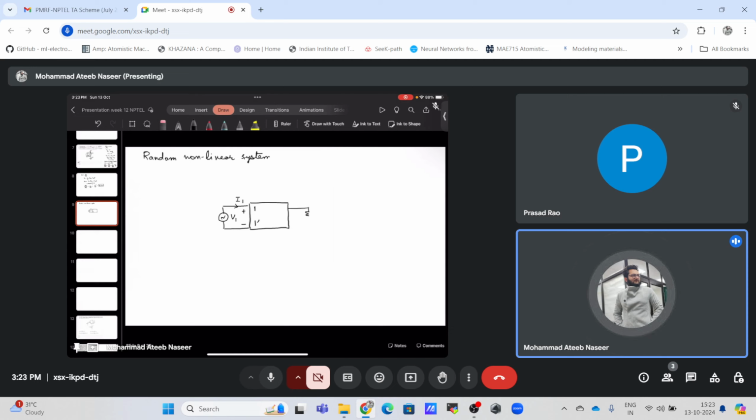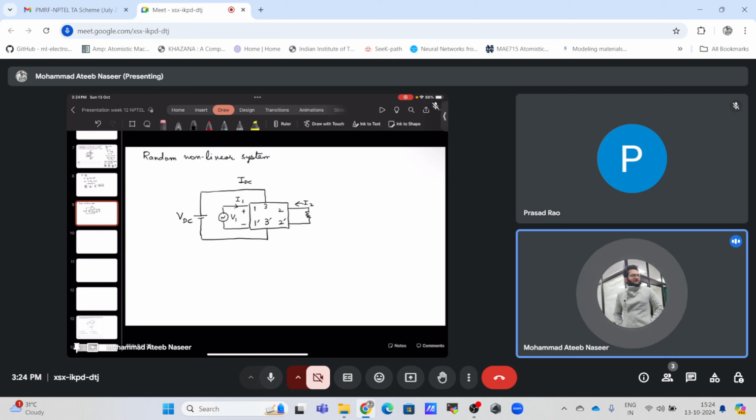And let us say we have some load. This will be I2. This will be between some terminals 2 and 2 dash, and we will have some supply voltage over this in order to bias this black box. And we will call this third terminal 3 and 3 prime, and this is our DC bias.